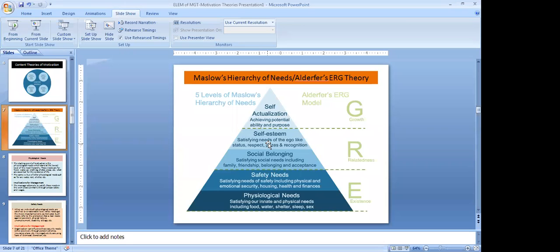Starting off, we will talk about Maslow's hierarchy of needs. And what is this saying? This is an age-long theory, and it's one of the most recognized content theories of motivation.